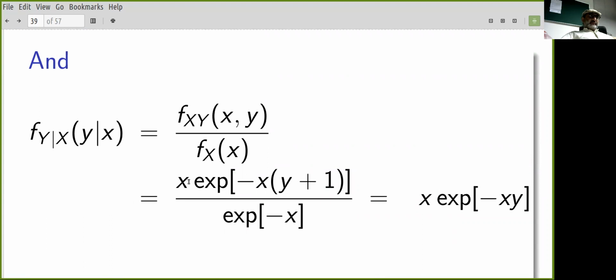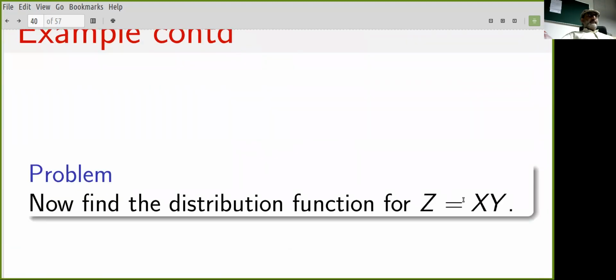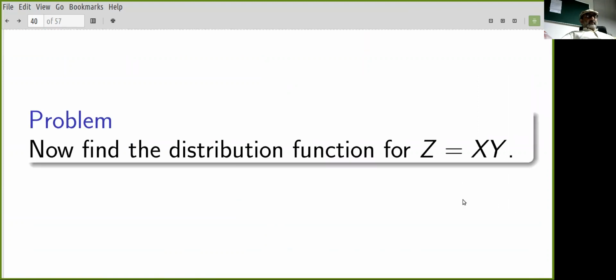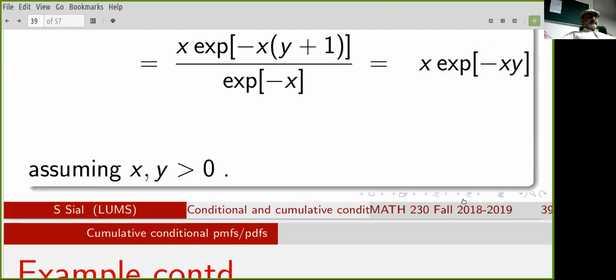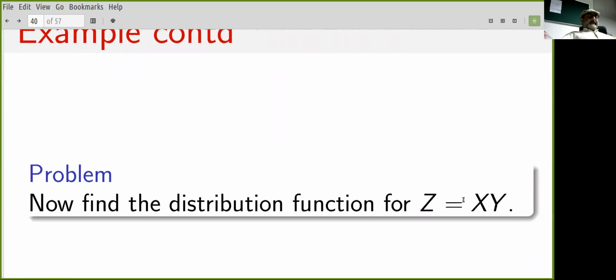The numerator is the joint PDF, and the denominator is the marginal distribution that we found, and you get x times the exponential of minus xy. Okay, so we found the conditional distributions.